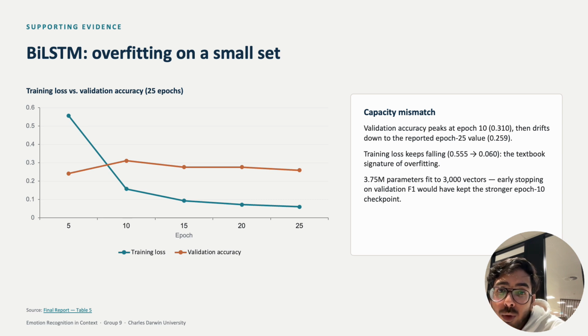The BiLSTM had more capacity than the simpler models, but with only a limited training sample, it started learning the training examples too closely instead of generalizing well to unseen images. In future work, early stopping could help reduce this issue. Instead of using the final epoch, the model could save the best checkpoint based on validation performance.